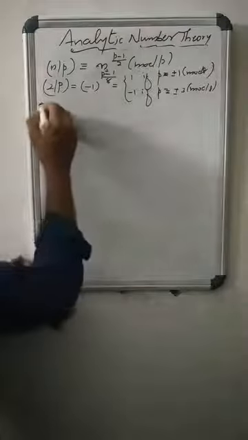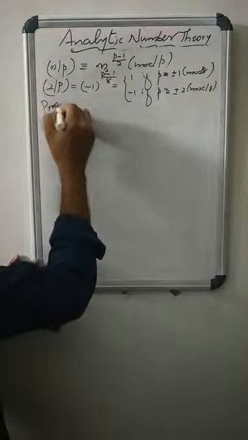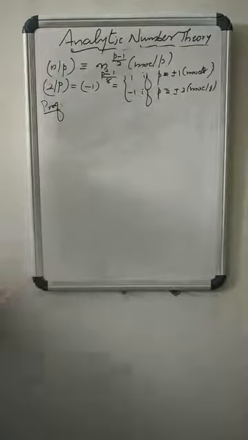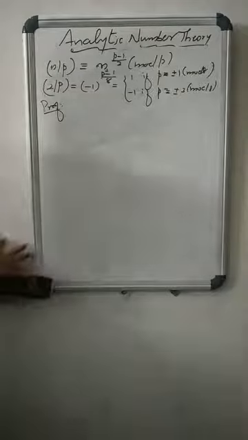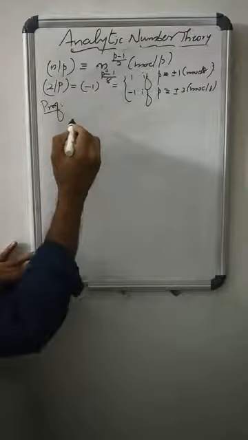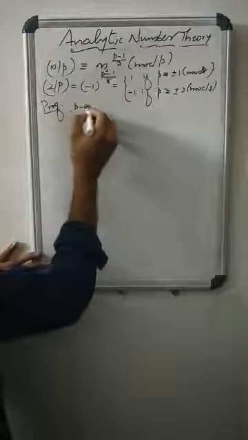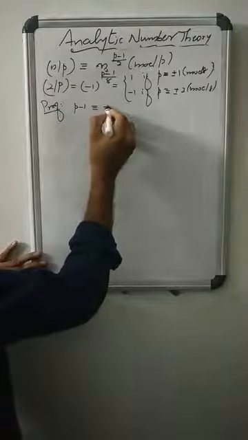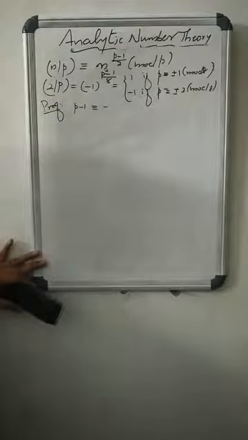So consider the following (p-1)/2 congruences. We have p-1 congruent to -1 mod p.